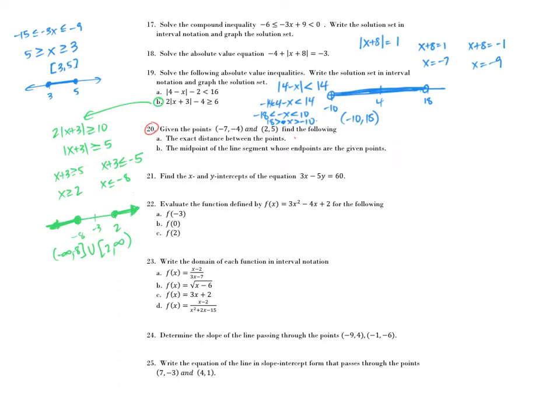Okay, number 20 says find the distance between the points. So we'll use the distance formula. The distance is equal to the square root of, I want to find the change in the x. So it's x2 minus x1 squared plus y2 minus y1 squared. So it's going to be 2 minus negative 7 squared plus 5 minus negative 4 squared.